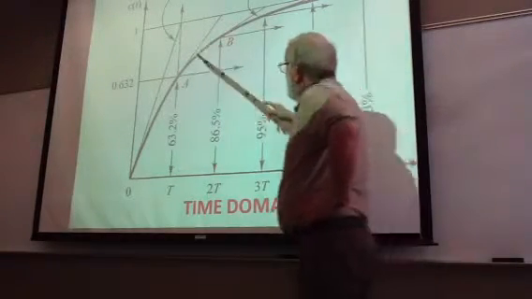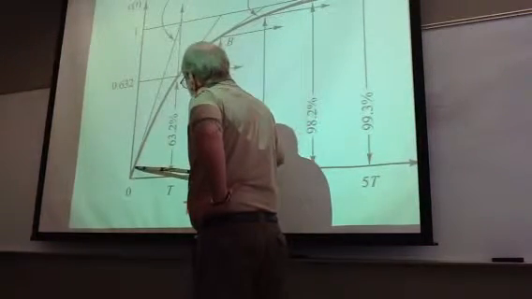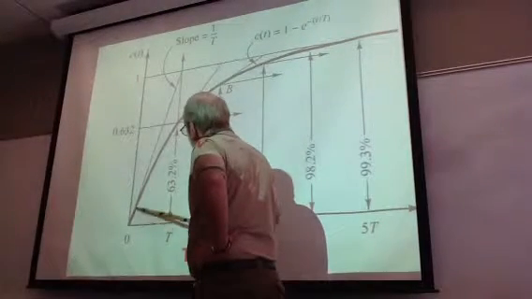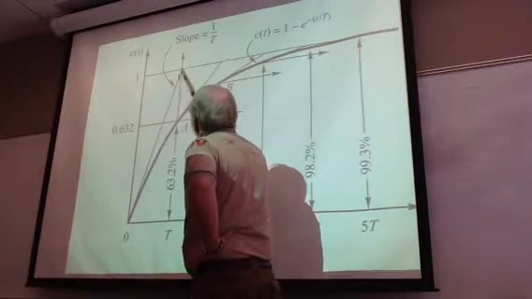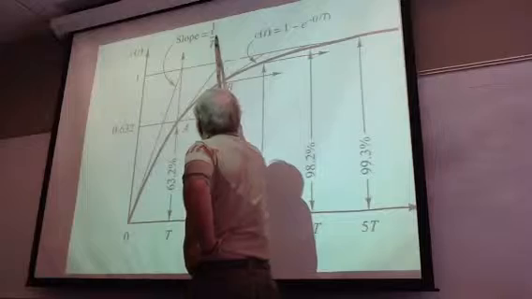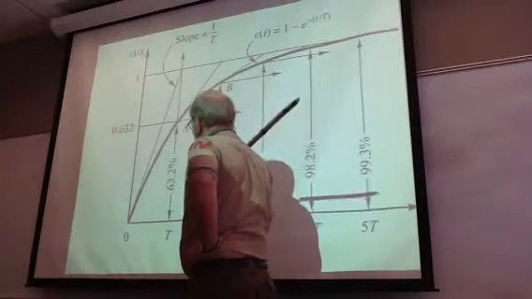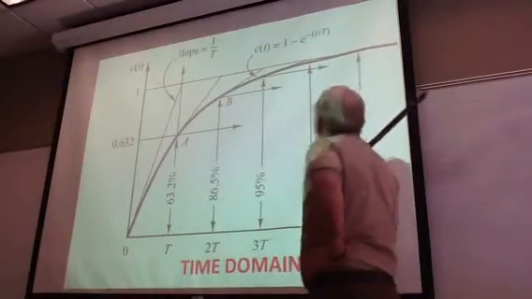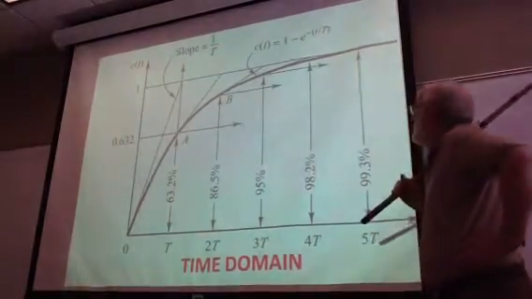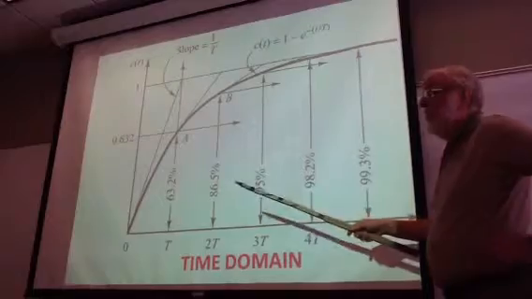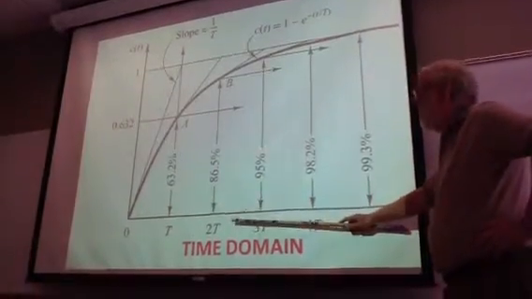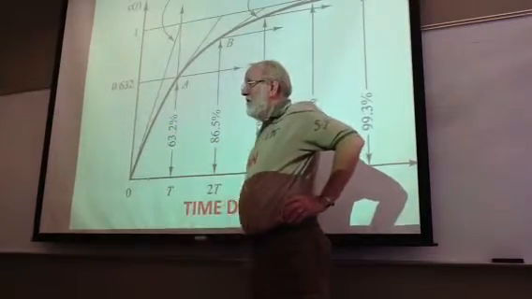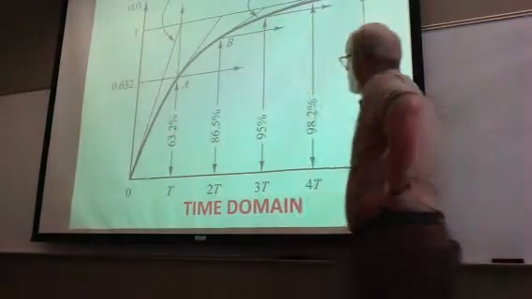And then there's a line here that is tangent to this line down here. It comes up here and it has a slope of 1 over the reciprocal of T, according to this. You're going to see graphs similar to this with different time axes and different y-axes, but you'll see that over and over again.